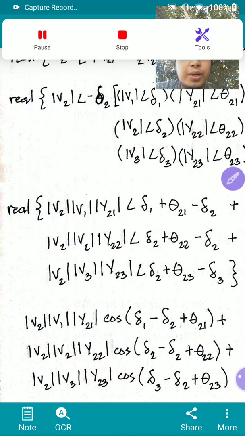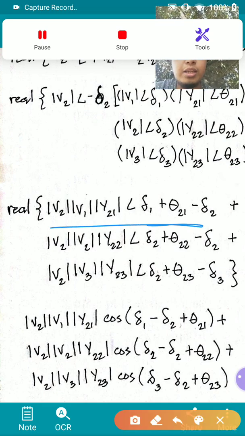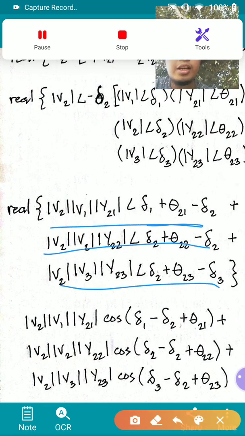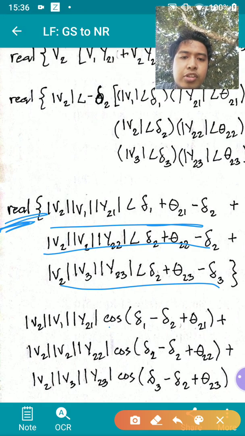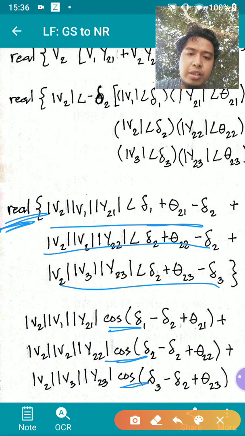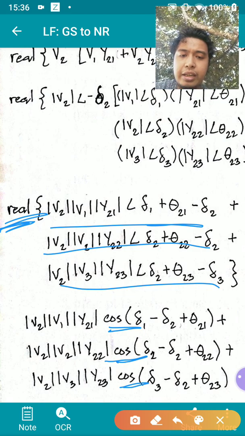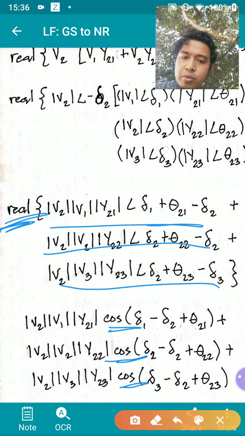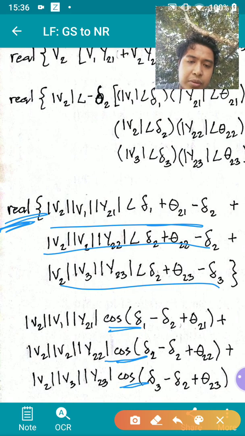Now, what I want to highlight here is that if you show it this way, then the real component of that will just be its cosine. So now you have a V2 V1 Y21 cosine, a V2 V2 Y22 cosine, and a V2 V3 Y23 cosine.